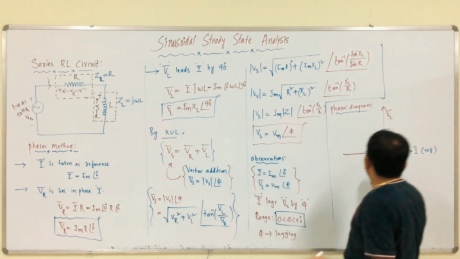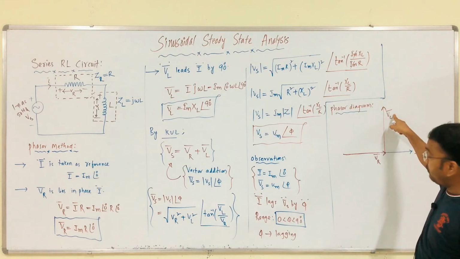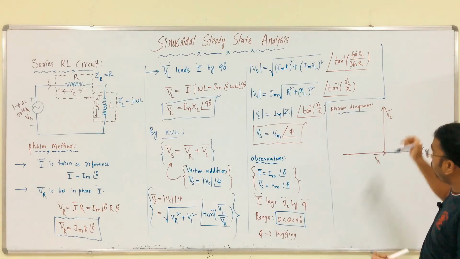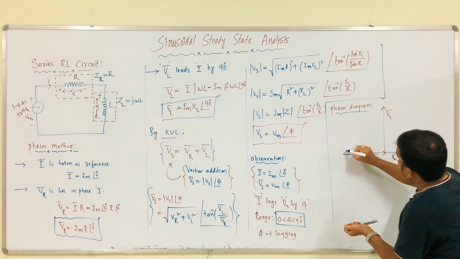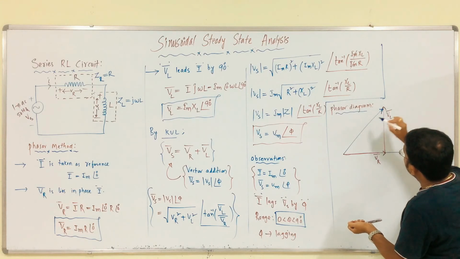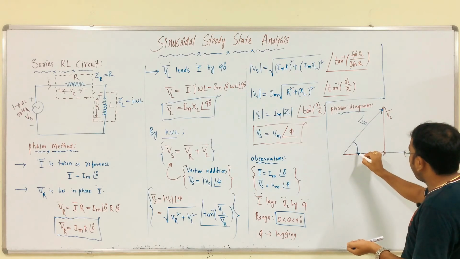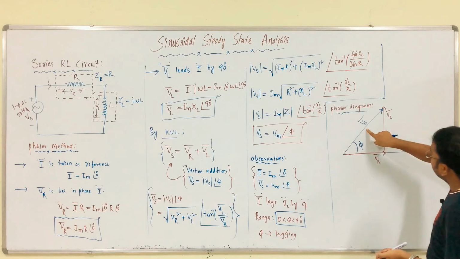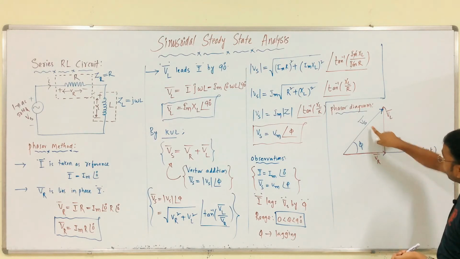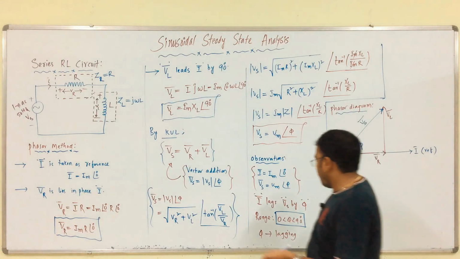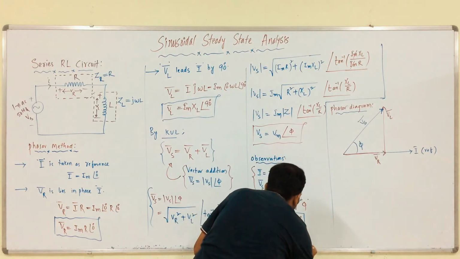So, VR is completed, VL is completed, therefore the vector addition of these two is nothing but this one, right? This is Vs. So, this is the phase angle between Vs and I.